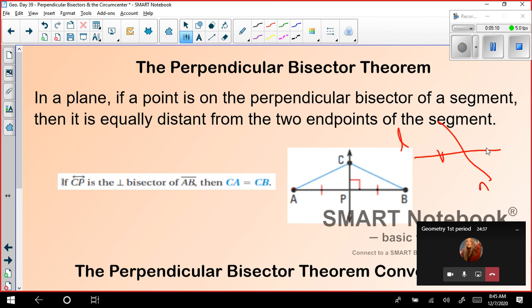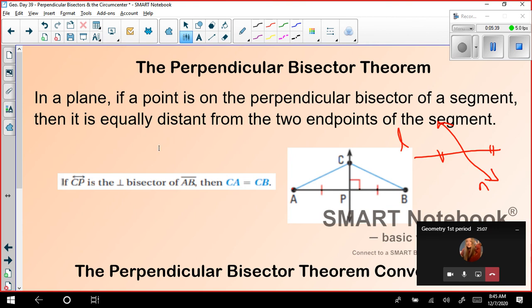Okay, this length will be equal to this length. Then we can say that this particular line N is the bisector. But for this to be called a perpendicular bisector, the line N has to be perpendicular. So here this particular line is a perpendicular bisector because it makes 90 degrees. Here it doesn't make 90 degrees, so this is just a bisector.